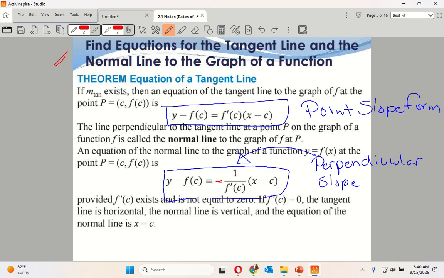So opposite and reciprocal: I take that whole thing, I flip it over, and change the sign. So normal line and tangent line, you're going to see a lot of these. And you have to plug them into those equations.